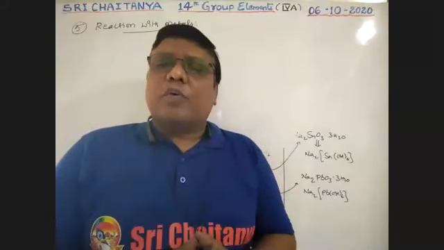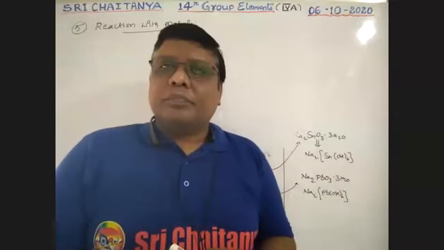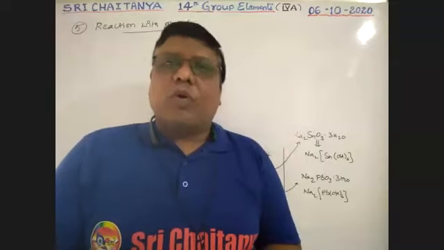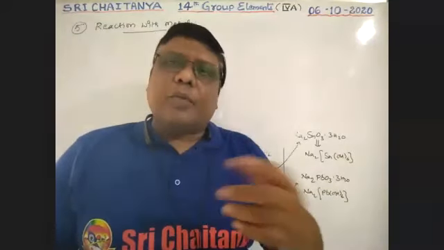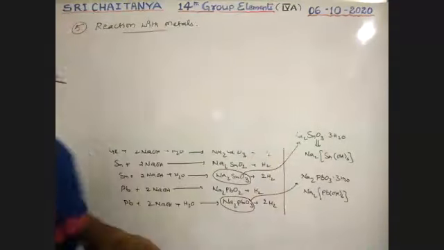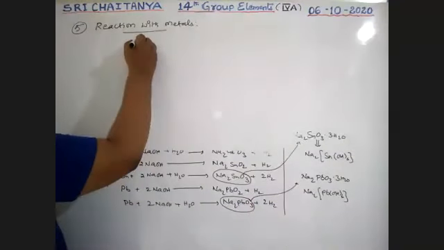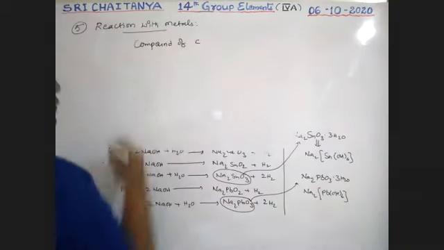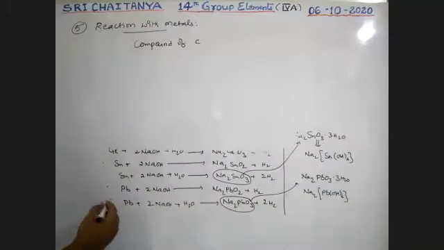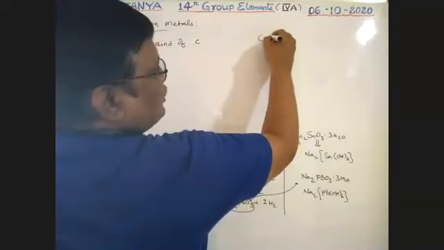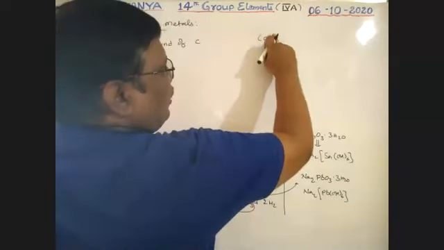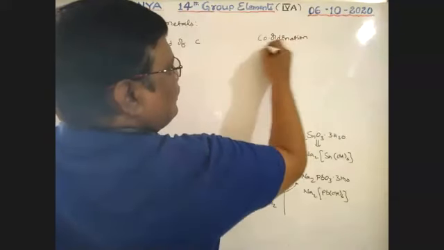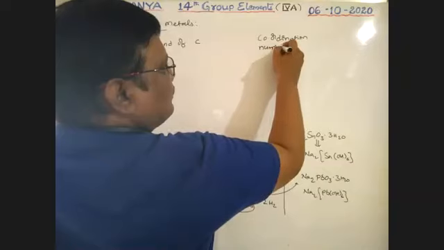But in these compounds of carbon with metals, carbon has different coordination numbers. Let us take a tabular form: compound of carbon and coordination number of carbon.